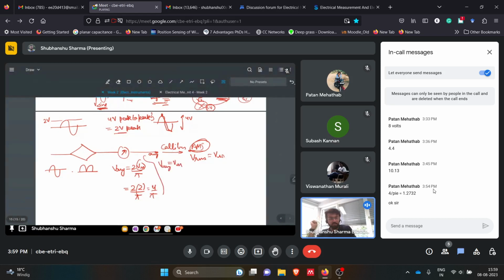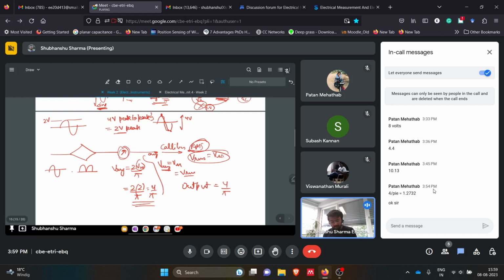Since this is calibrated according to the square wave, whatever V average this PMMC meter gave out, this RMS scale will give that same exact value. So the output we got is 4 by pi.